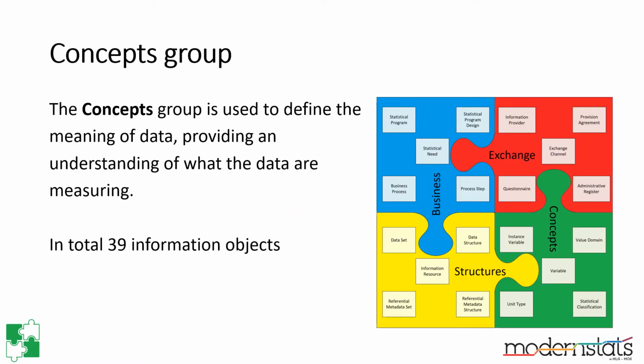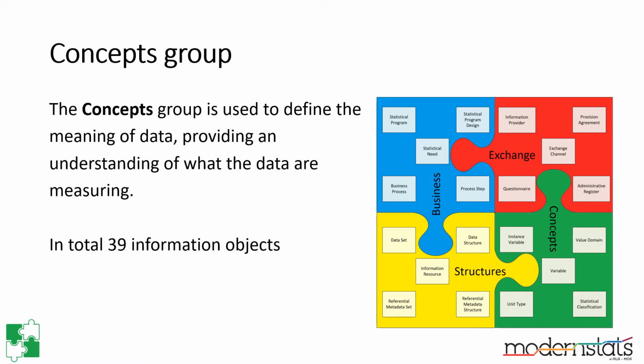The concept group is used to define the meaning of data, providing an understanding of what the data are measuring. It contains mainly traditional metadata, such as variables, code list classifications, and the important objects are instance variable, value domain, variable, unit type, and statistical classification.